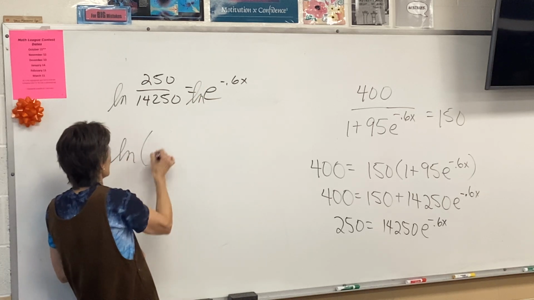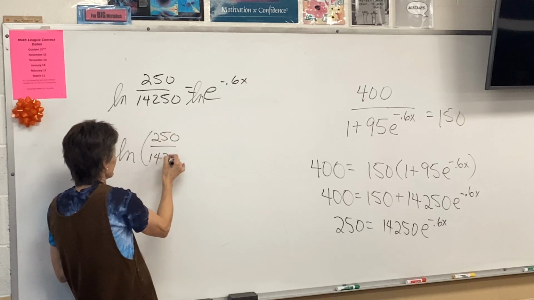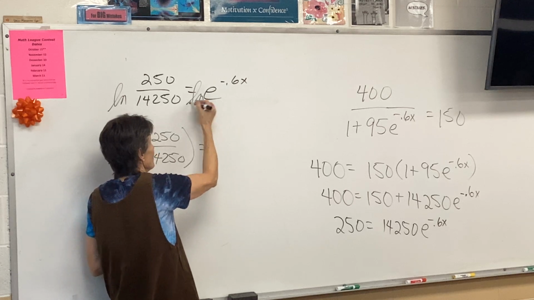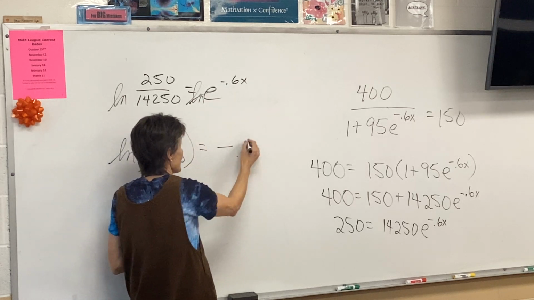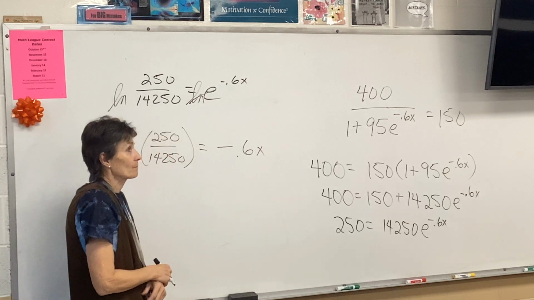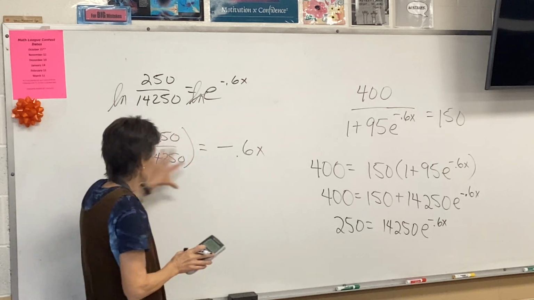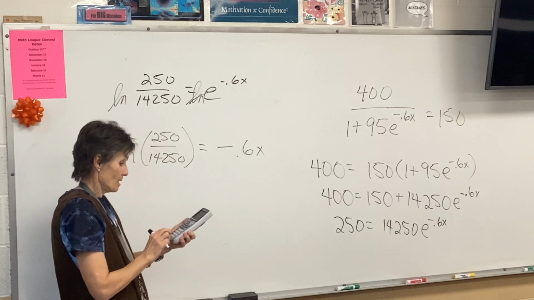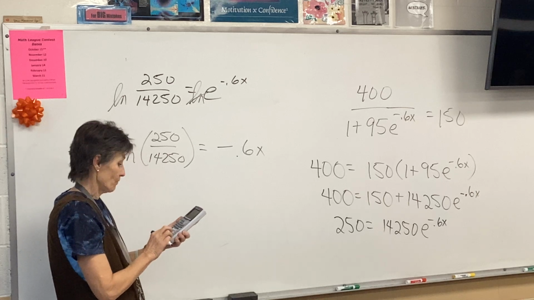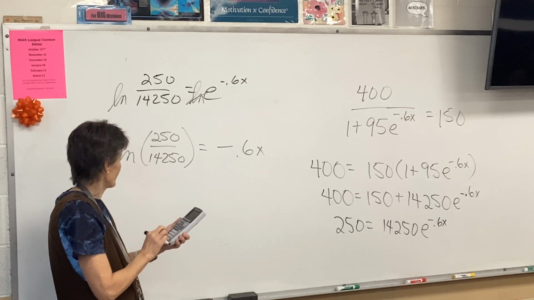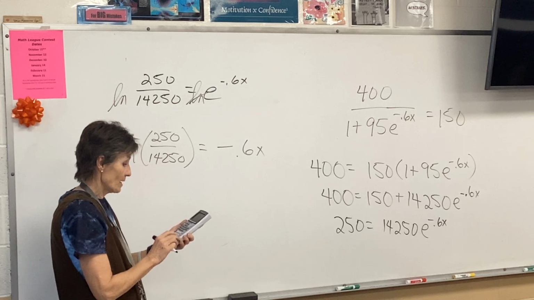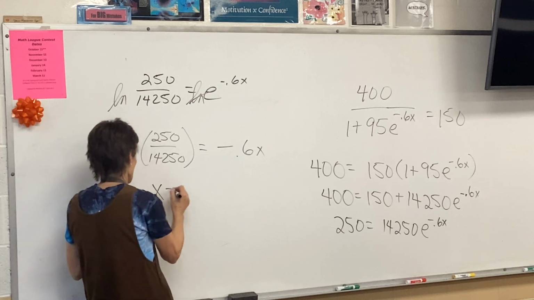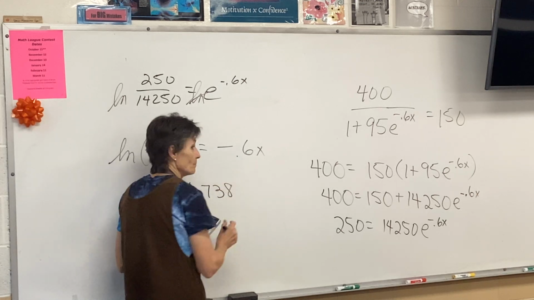So I'm gonna have ln of this big fraction, and over here all I have left is negative 0.6x. Then I'm gonna divide by negative 0.6. So ln of 250 divided by 14250, and then divide that by negative 0.6. And I got 6.738.